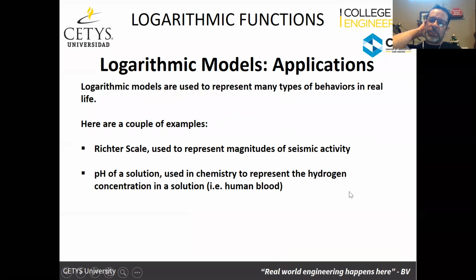And so what are applications of logarithms or logarithmic functions? Well, for example, the Richter scale is an application of a logarithmic function. If you remember a little bit about what the Richter scale means, if you have an earthquake of magnitude 4, and then you have an earthquake of magnitude 8, the magnitude of the 8 earthquake isn't the double of the magnitude of the 4 earthquake.